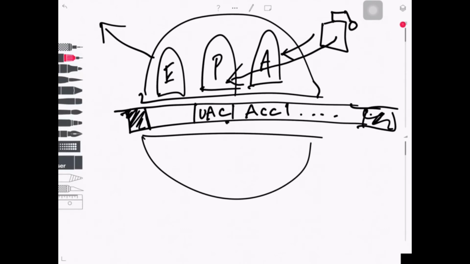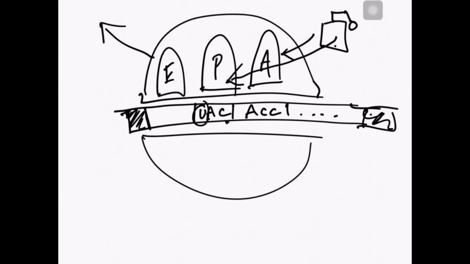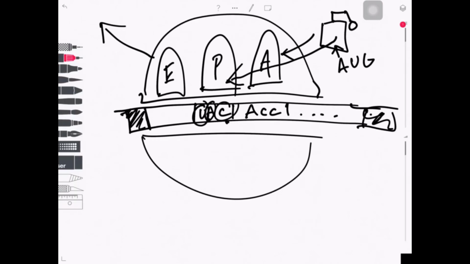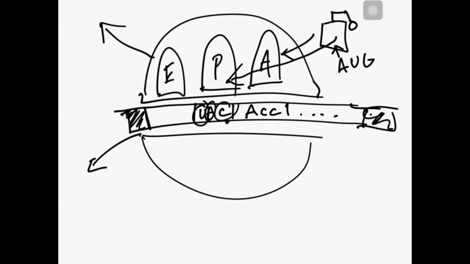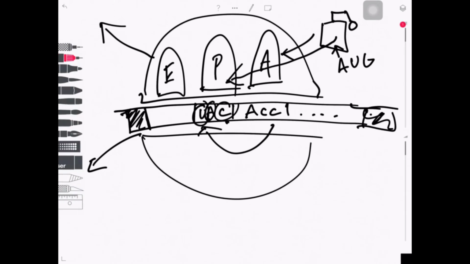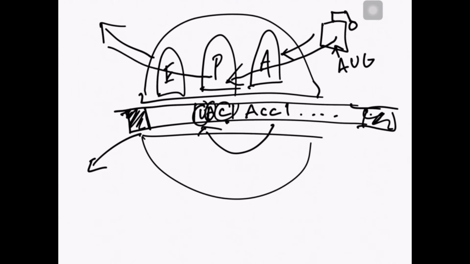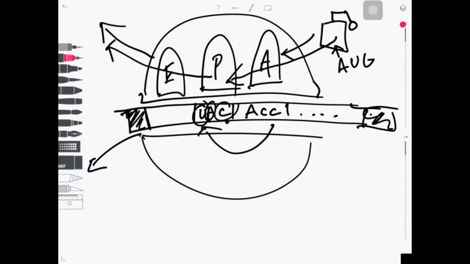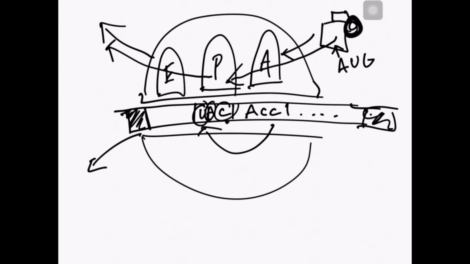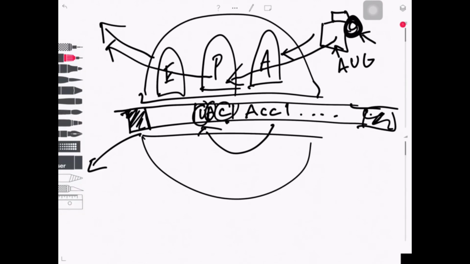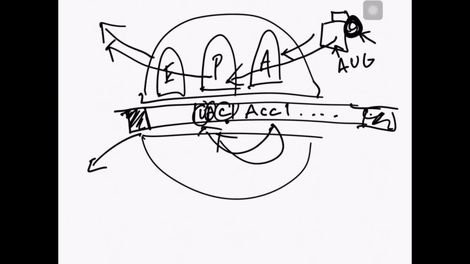So if this has U, A, and C, this anticodon will have A, U, and G. As they match up, the codon moves alongside, the new ones go to the next position, and these anticodons leave. The only thing they leave behind is this amino acid. And once that tRNA leaves, a new tRNA comes in and starts doing the same process, and then this one comes in next and next.